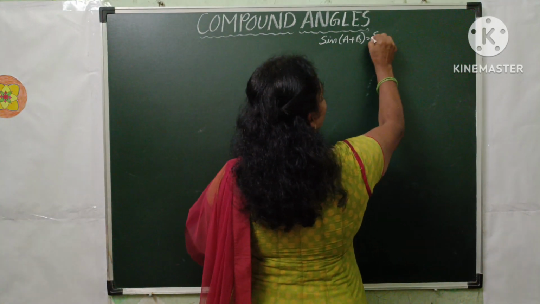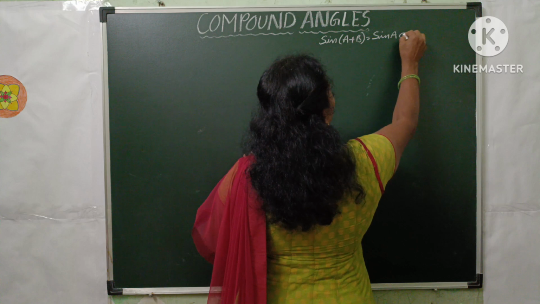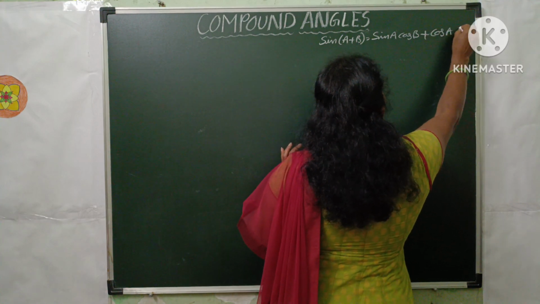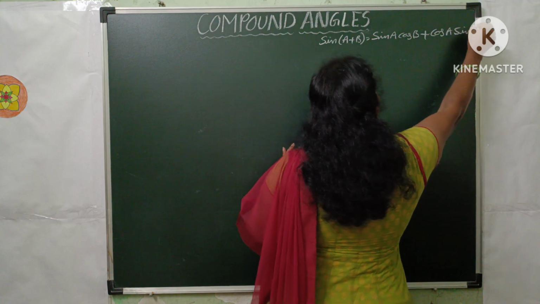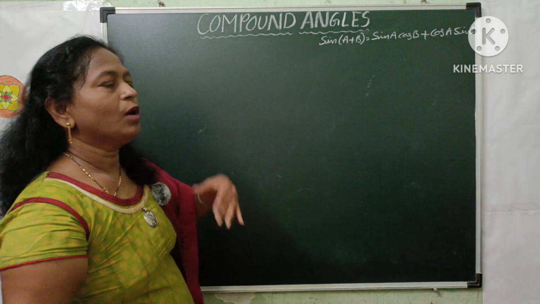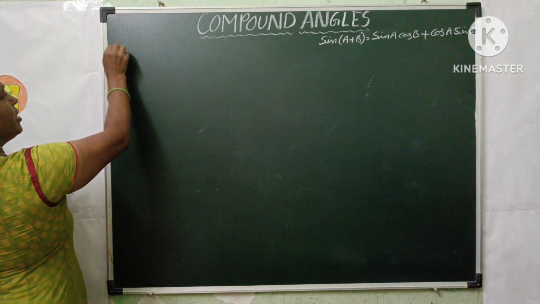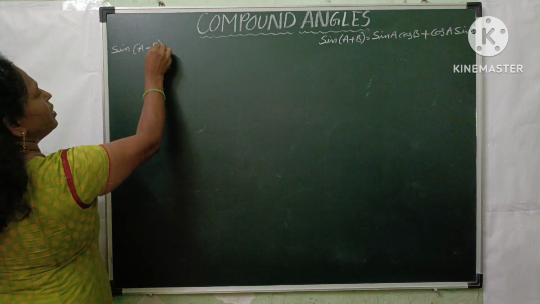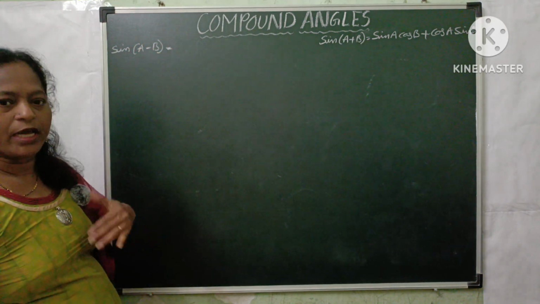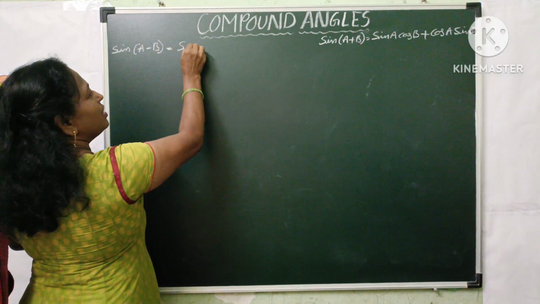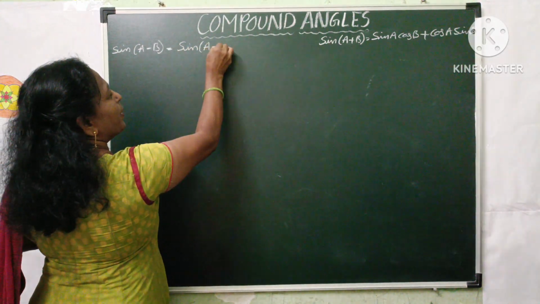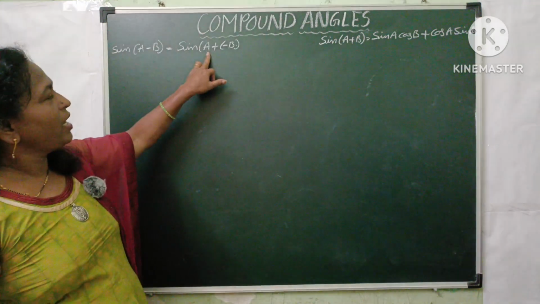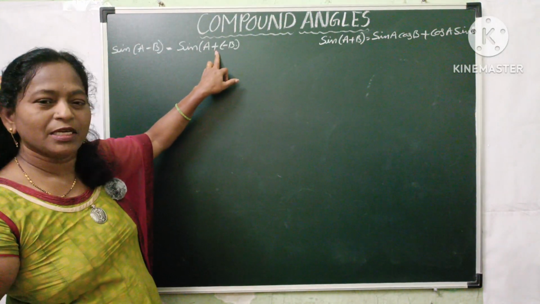So, sin A cos B plus cos A sin B. This is sin A plus B. Now, sin A minus B. First, we can write sin A minus B. Sin A minus B, we can write sin A plus of minus B. Right?